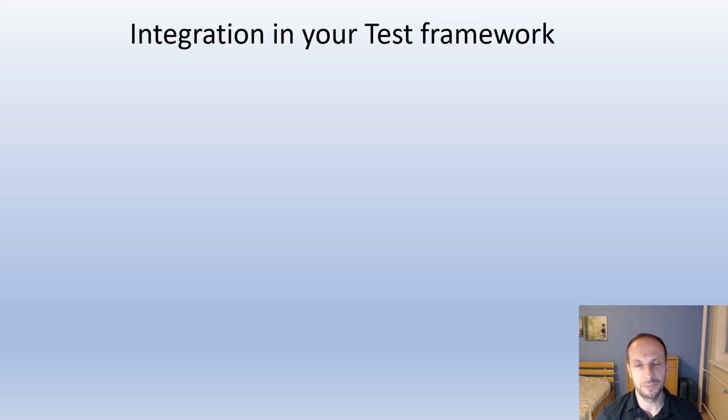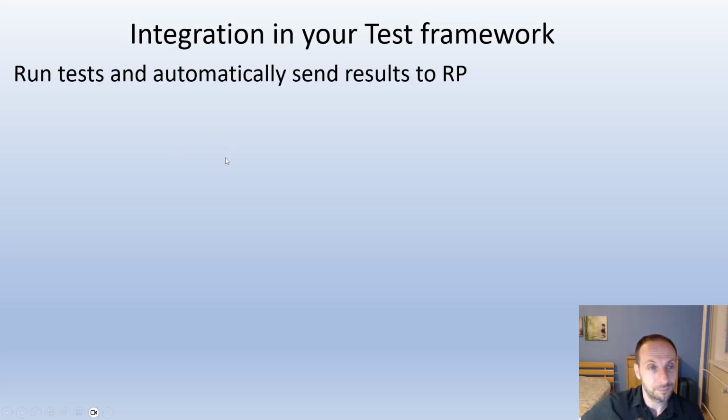You just use them when you send the results. You also need to specify the link for your application, some credentials, and basically tell Report Portal where to send the results from your framework. And once you have it, you just run your tests, and the results will be sent automatically to Report Portal.